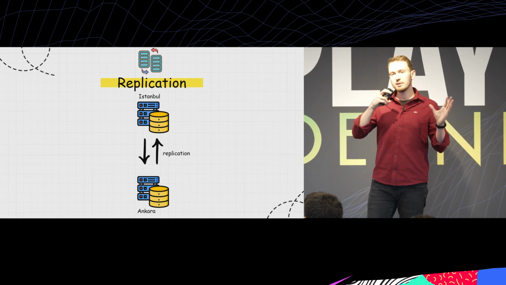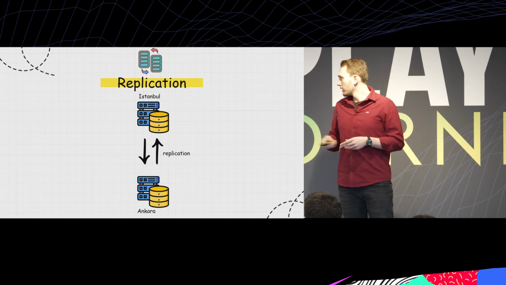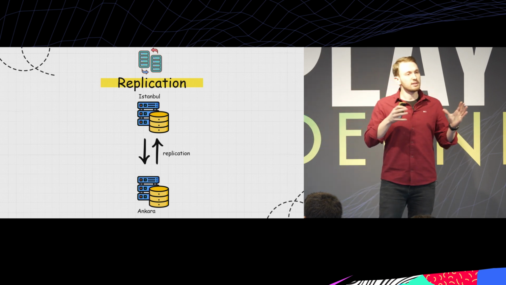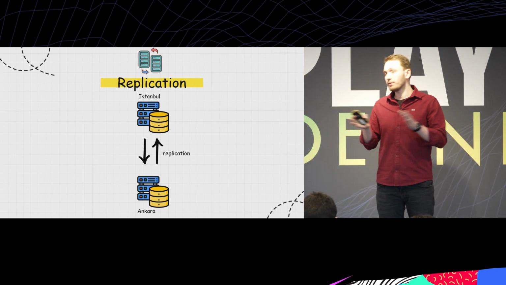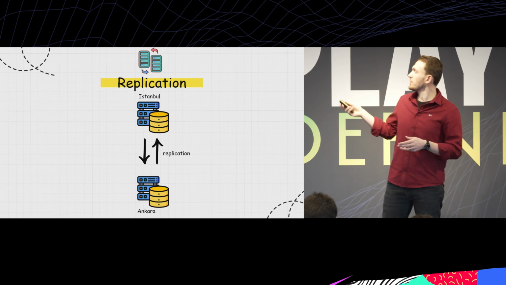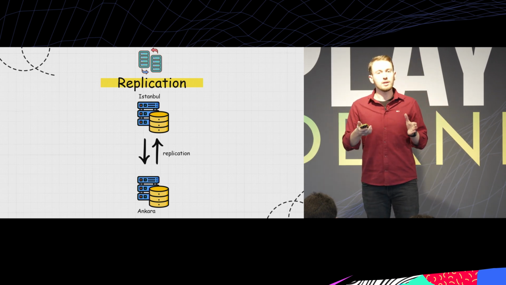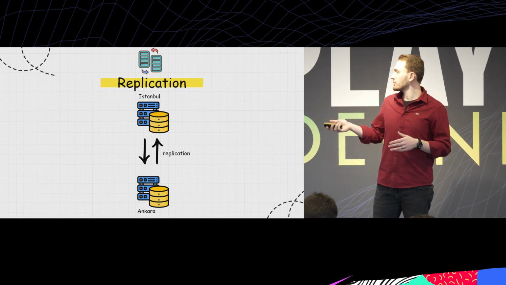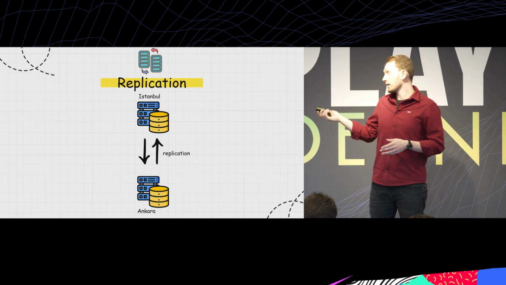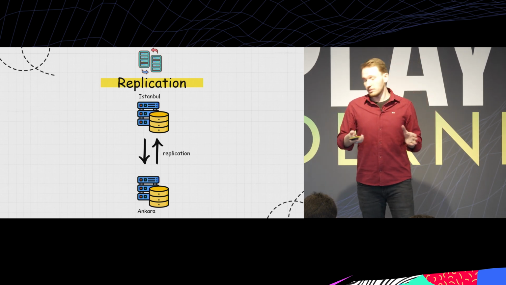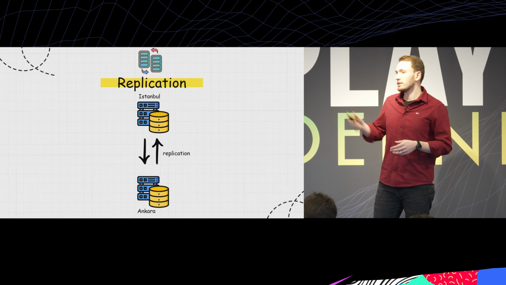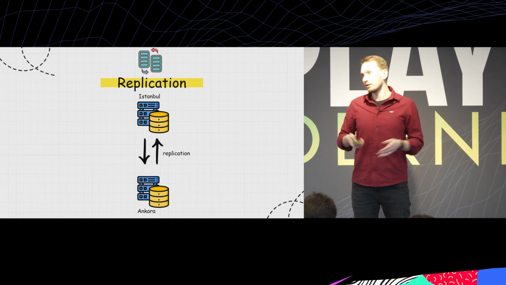And from a scalability perspective, we can spread traffic across two different regions. For example, people living in Istanbul can connect to the Istanbul database, and people living in Ankara can connect to the Ankara database at the same time. In this way, we can use two regions at the same time, and we can increase utilization as well.